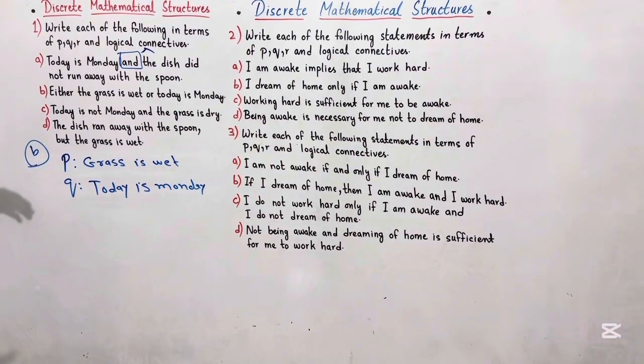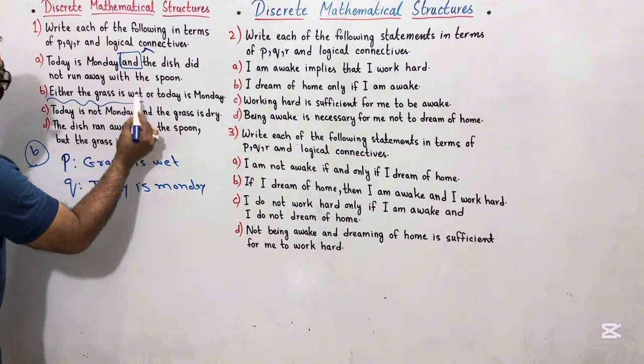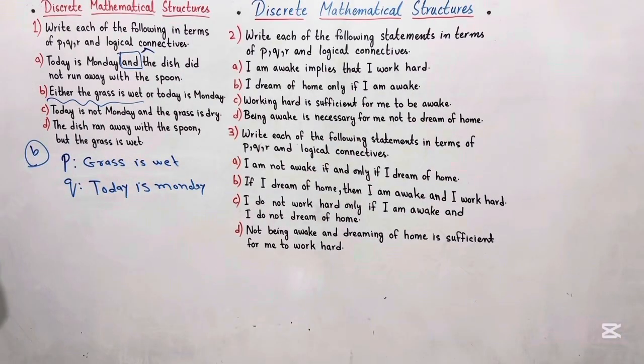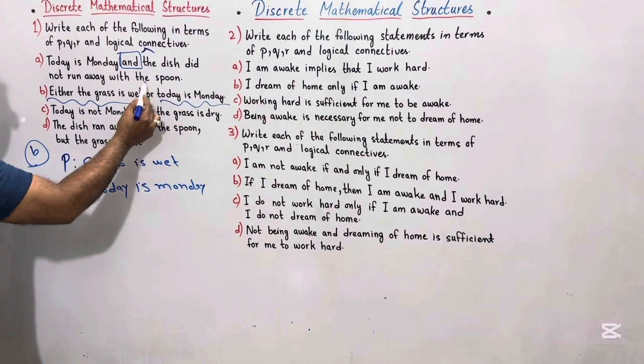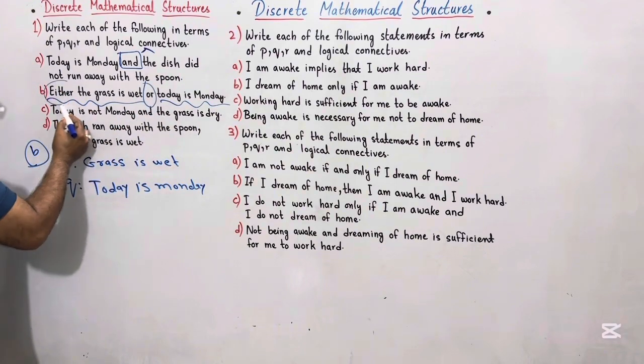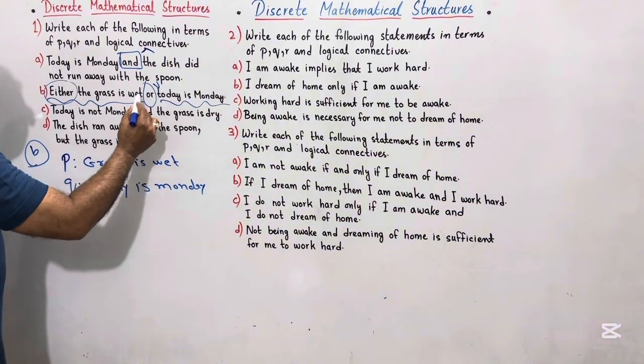We have been given the statement: either the grass is wet or today is Monday. There are two parts. Our first proposition is the grass is wet, the second is today is Monday. Here the logical connective is either or. Emphasis on this or. Or means disjunction.